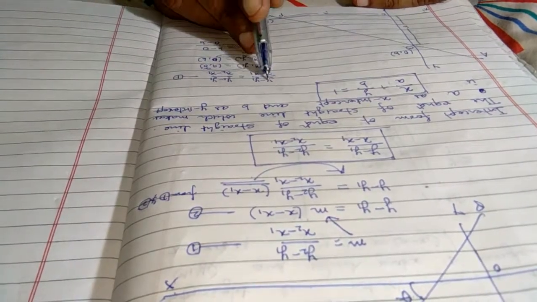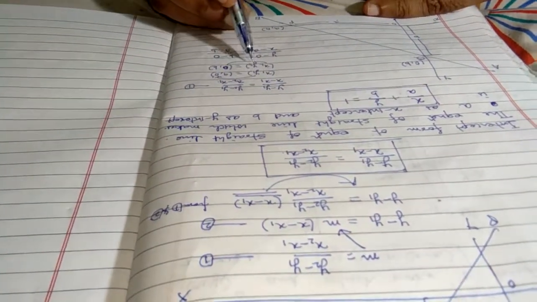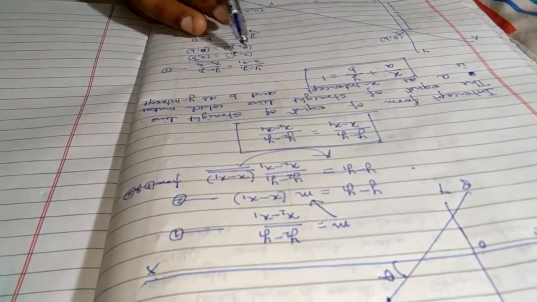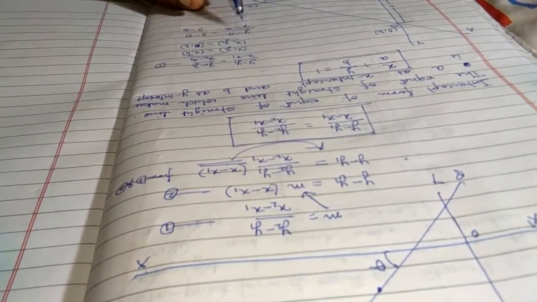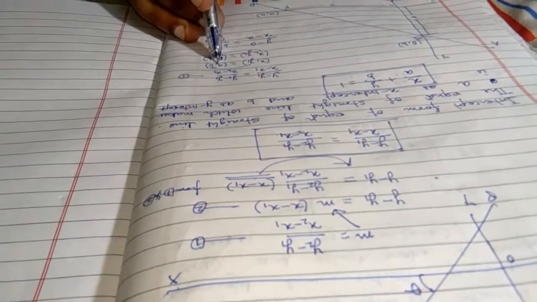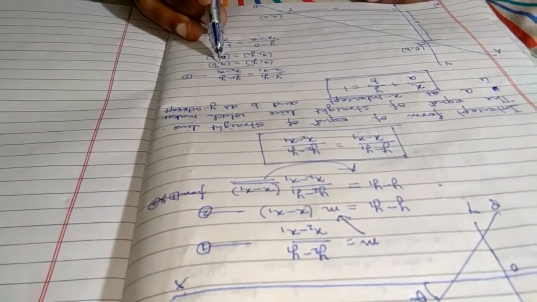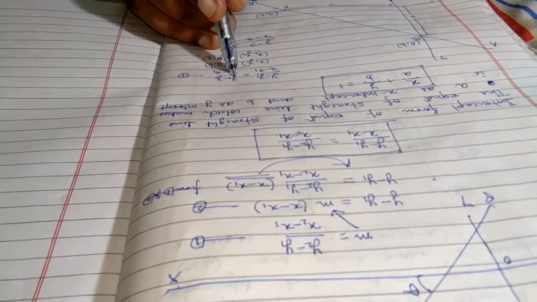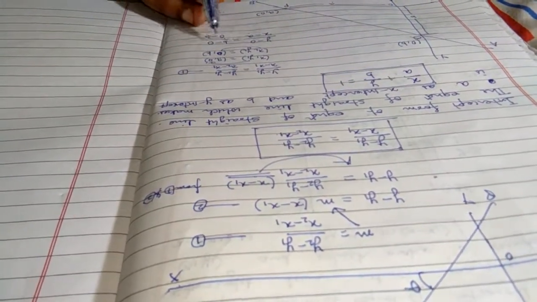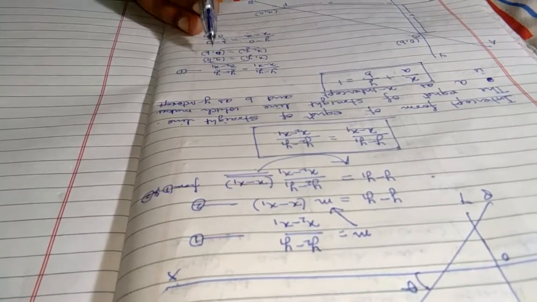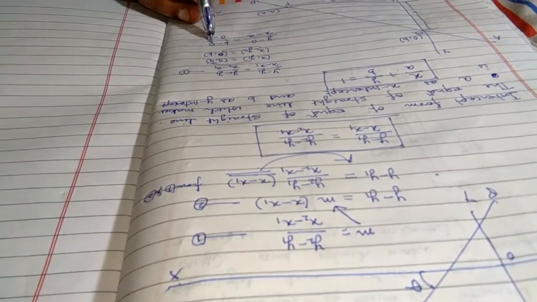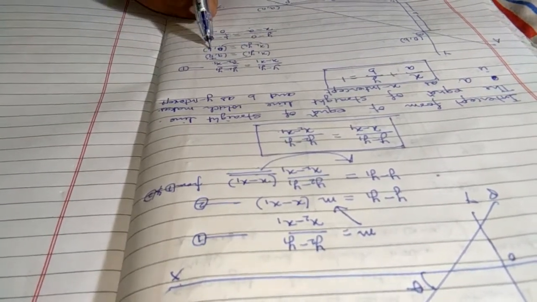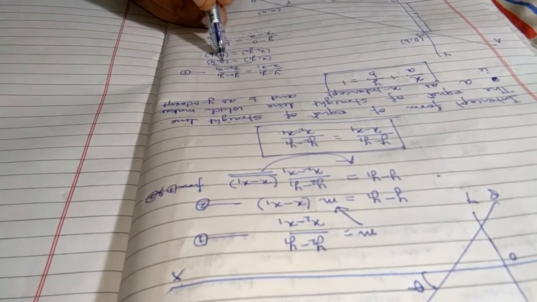So here y is as it is, y1 is taken as 0, so it is 0, and then x minus x1, so x is as it is. x1 is what? x1 is not 0, x1 is a, so here a I have written. y2 is what? y2 is b, so b is written, and y1 is 0, so it is 0, and here x2 is 0, and what is the value of x1? x1 is a.